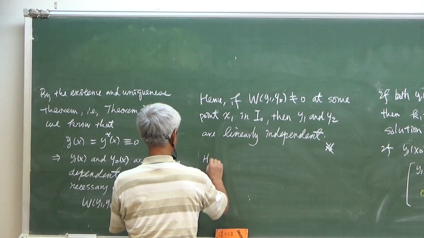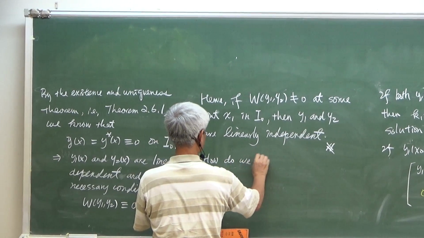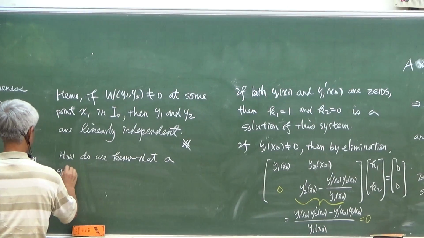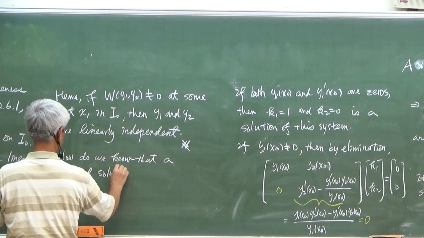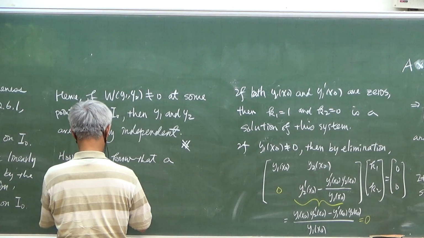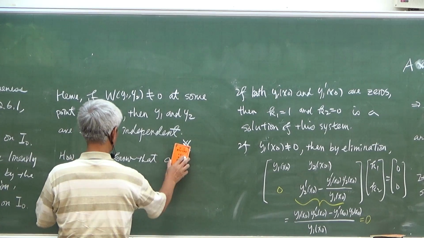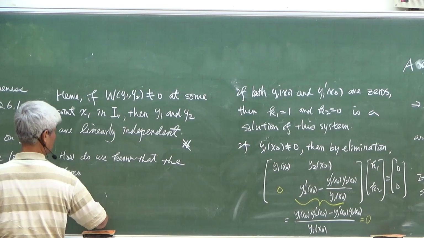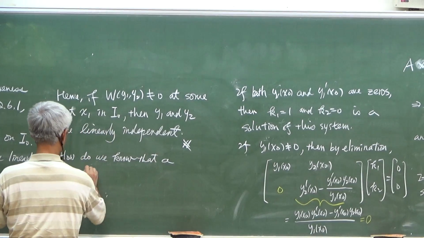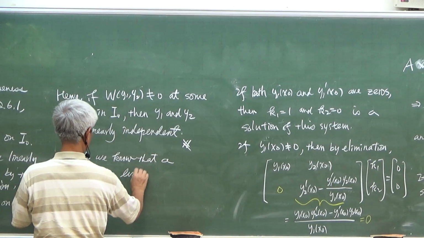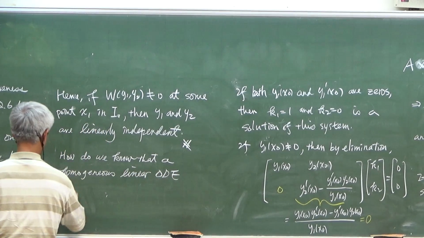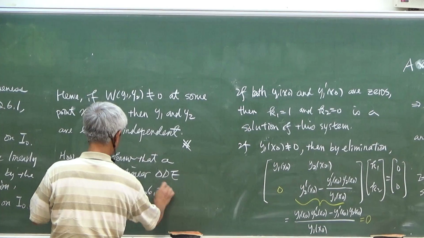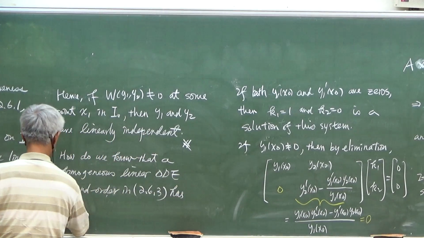The first question is: how do we know that a homogeneous linear ODE of second order in 2.6.3 has a general solution?